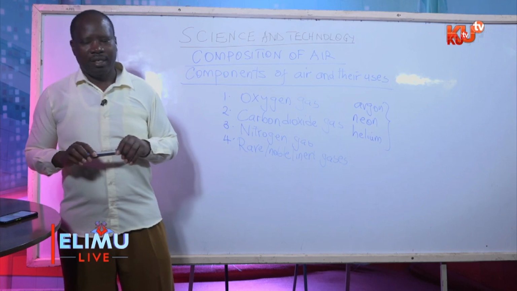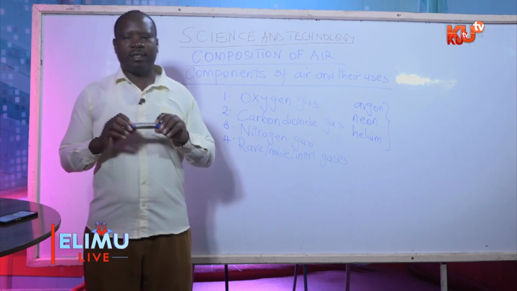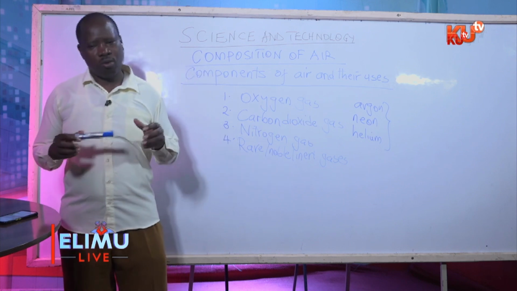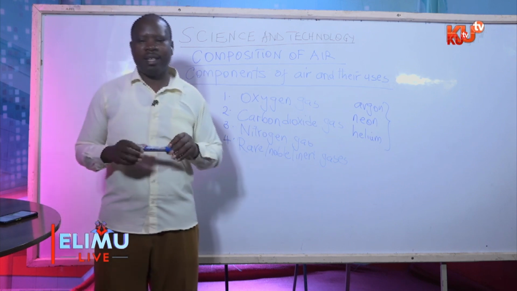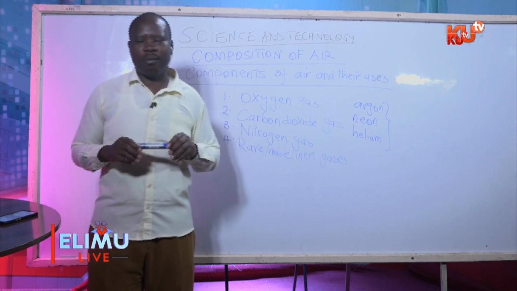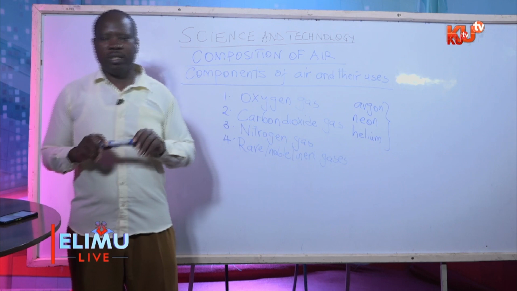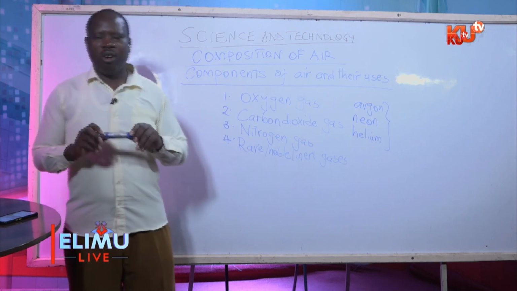And is it a must for a seed to be placed inside soil for it to germinate? No. I've just briefly said that under the conditions necessary for germination, a seed needs warmth, moisture or water, and oxygen.